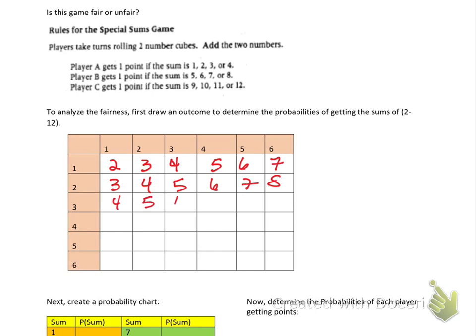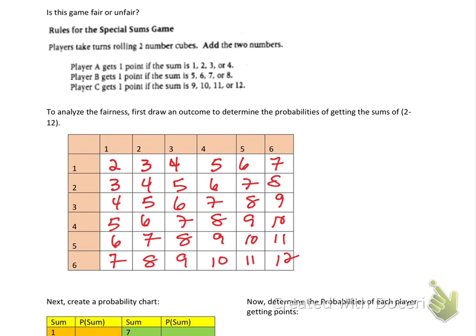And you can see there's a pattern that's developing. So see how you're scooting over each time? And then this is going to be 7, 8, 9, 10, 11, 12. Okay, so we're assuming that the dice themselves are fair, that there's no one side that's weighted.